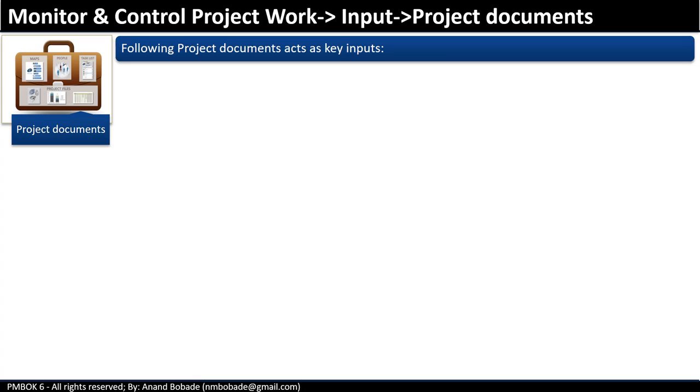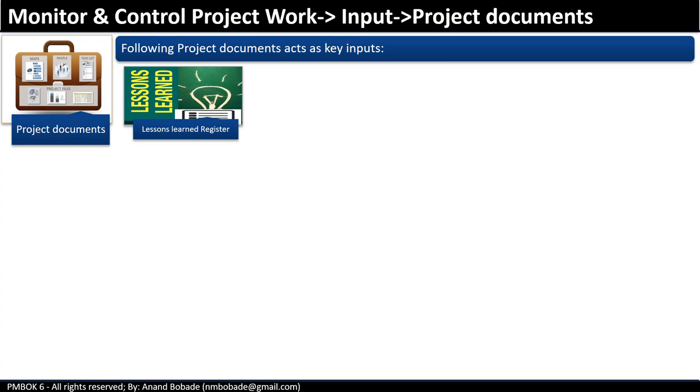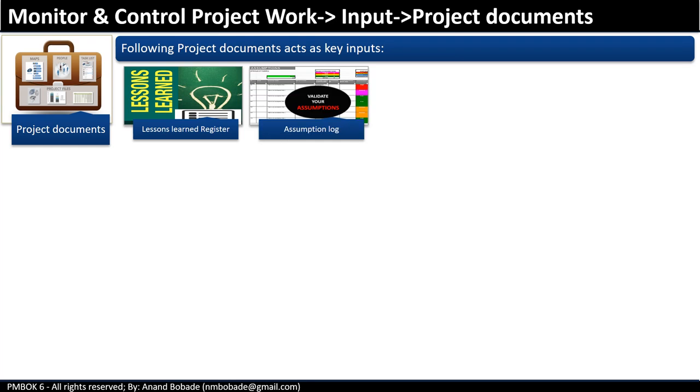So what do you get from these project documents? The lessons learned register provides information on effective responses for variances and corrective and preventive actions, how to deal with those risks. The assumptions log contains information about assumptions and constraints. The project manager should always validate any assumptions that you have taken on the project.